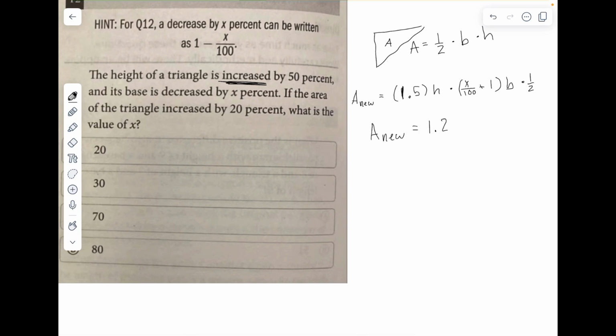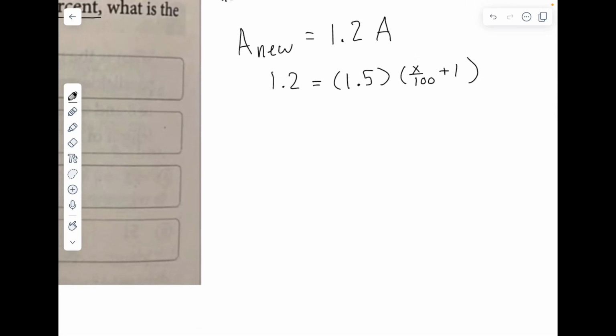So we also know that the new area is equal to 20% more than the area of the old triangle. So what we're going to do here is set 1.5 times our decrease in x% equal to 1.2. So once we do this, we can start to solve for x.